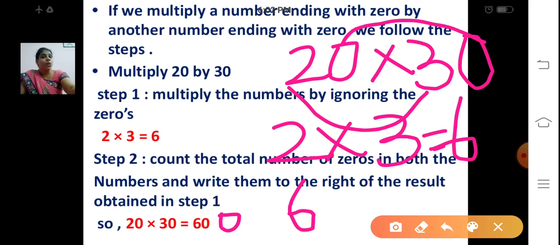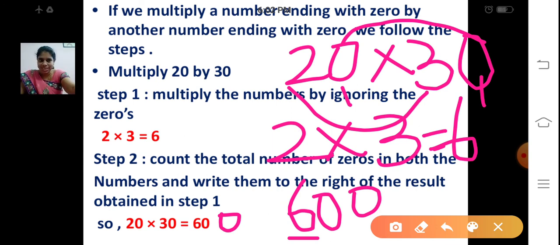Now, what is the second step? Count the total number of zeros in both the numbers, and write them to the right of the result. We have 6 here already. We know 2 threes are 6, right? Now how many zeros do we have? 1 zero, 2 zeros.